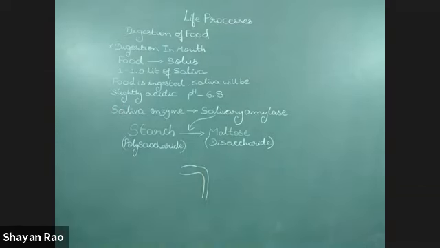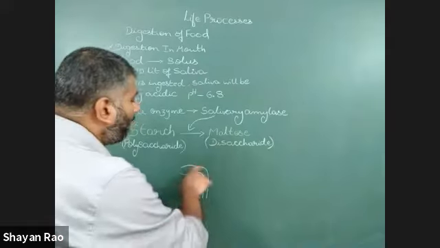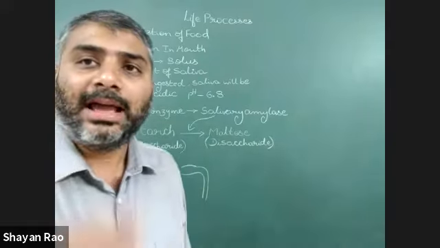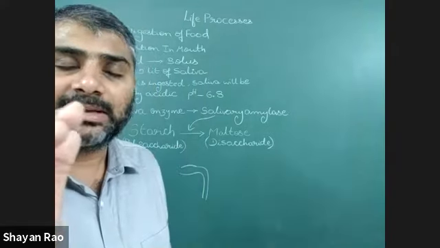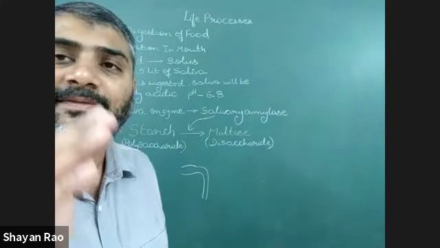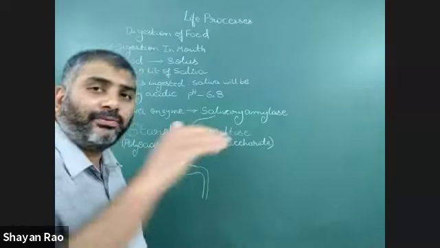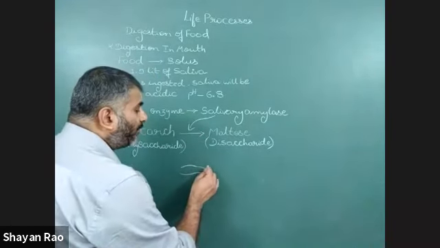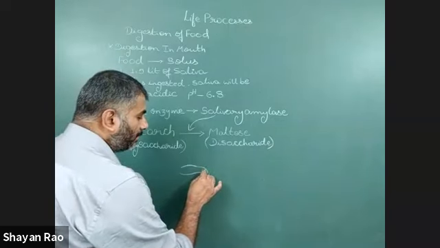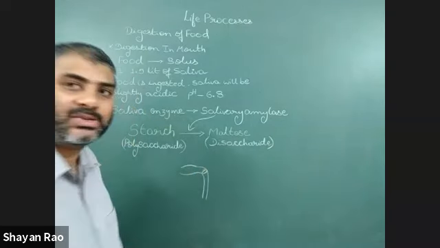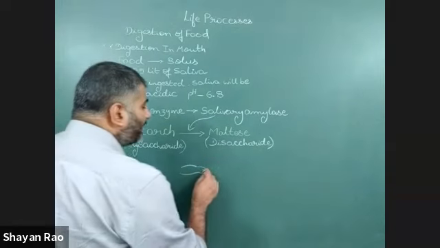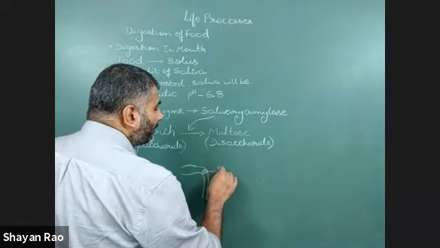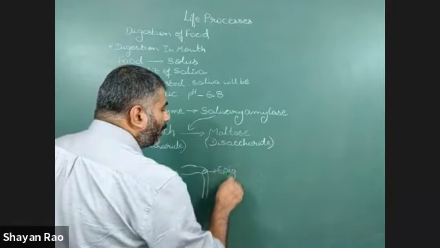Once the food enters the esophagus, it passes through a component called the pharynx. And from the pharynx, we see one flap-like structure, which we call the epiglottis.